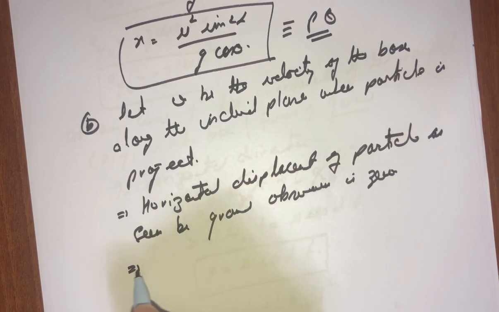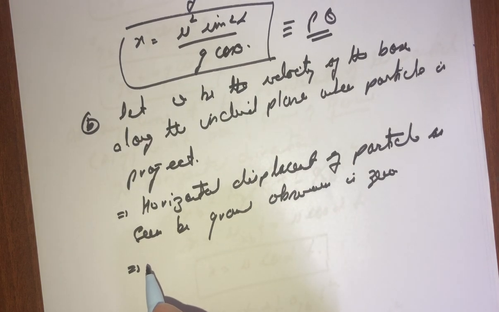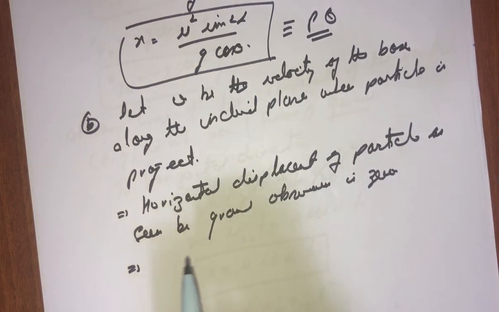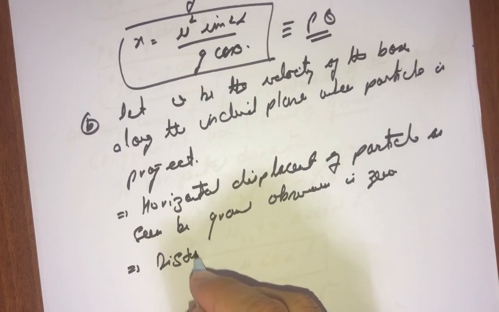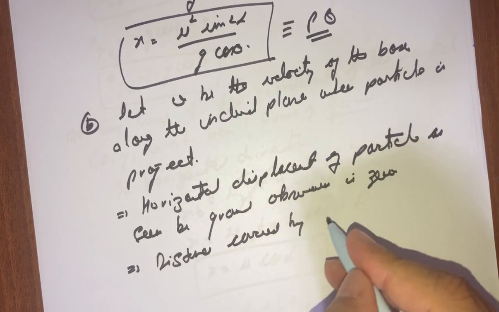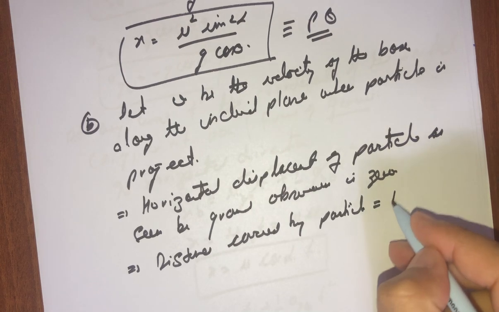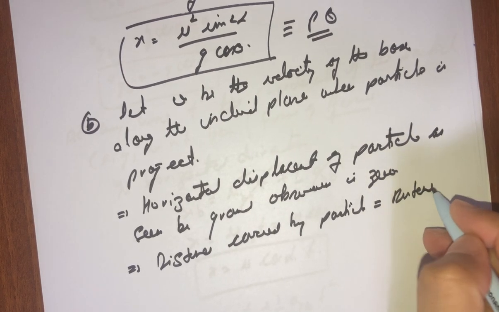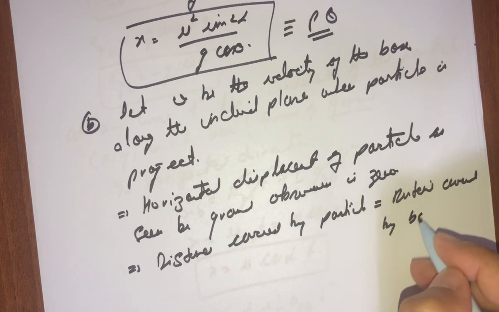So this basically means that the distance covered by the particle will be equal to the distance covered by the box. So we can say that distance covered by particle is equal to distance covered by box.